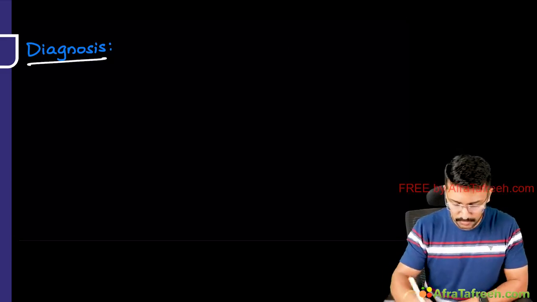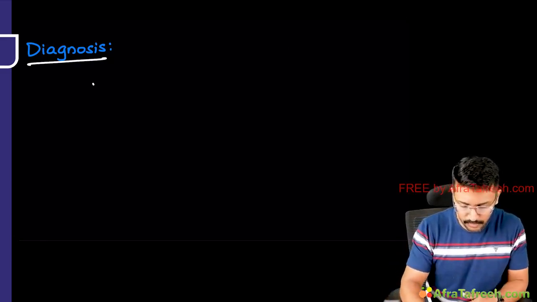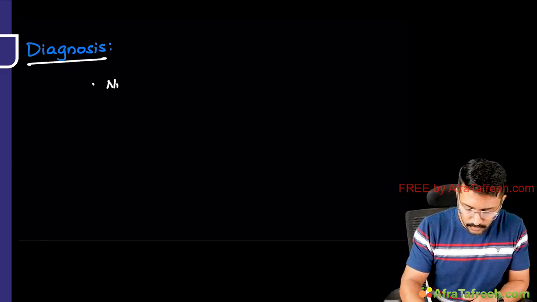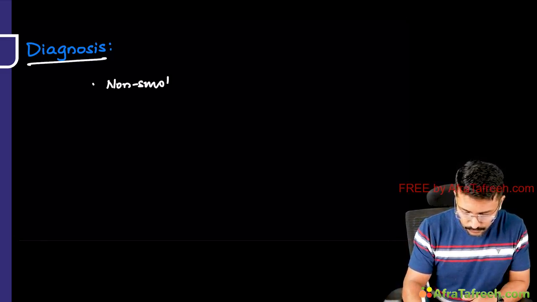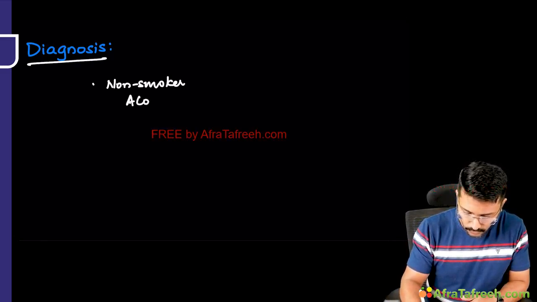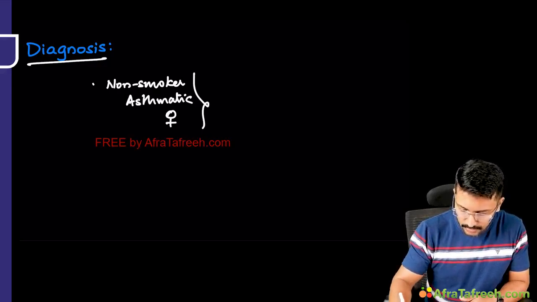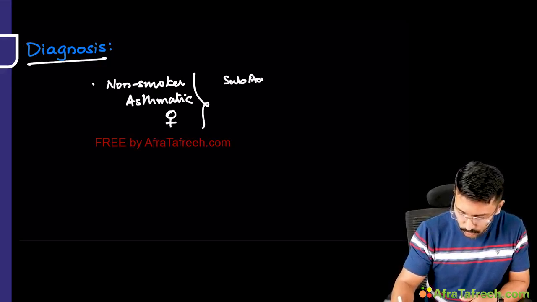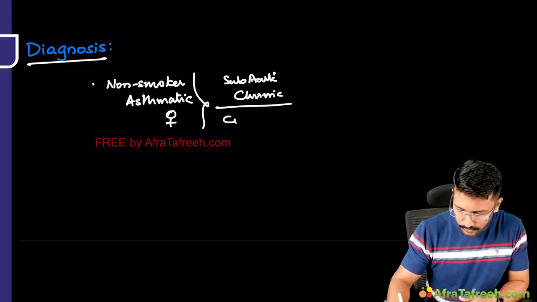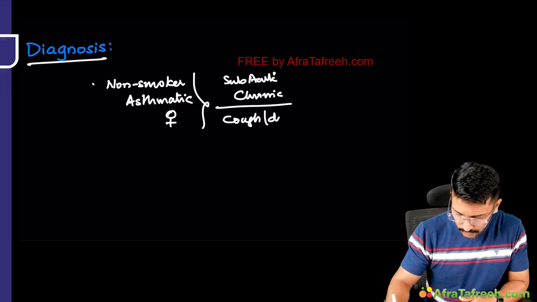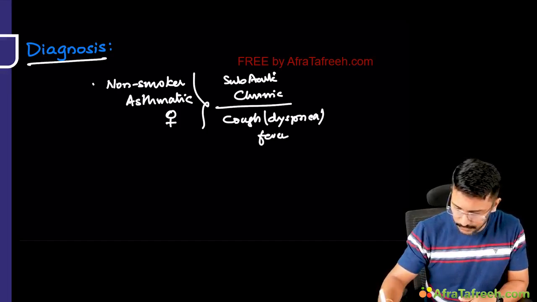Obviously, clinical suspicion. So we have to think of chronic eosinophilic pneumonia in a non-smoker, asthmatic female presenting with subacute to chronic cough, dyspnea and fever.